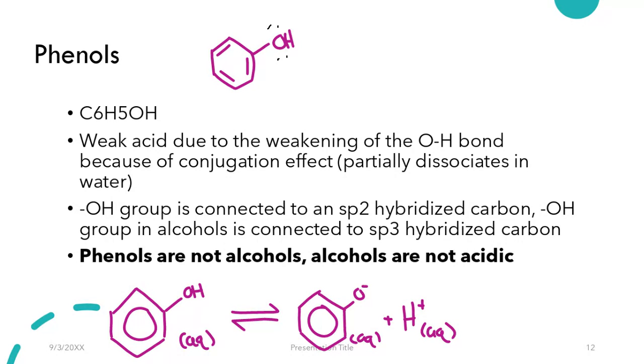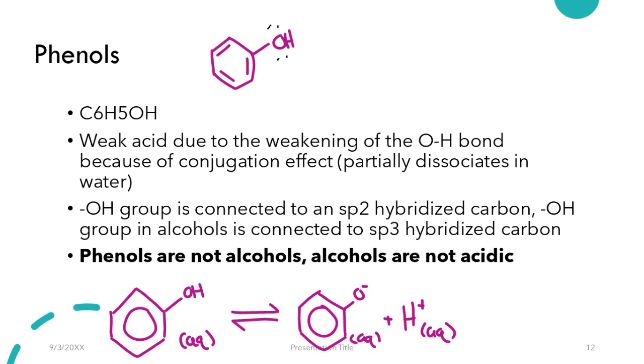So when these lone pairs of electrons delocalize to the ring, it takes electron density from the oxygen, which weakens that OH bond. Okay, so that's why it's a weak acid. Down here you can see in water it does slightly dissociate. This hydrogen can come off as a hydrogen ion some of the time. It partially dissociates, hence weak acid.